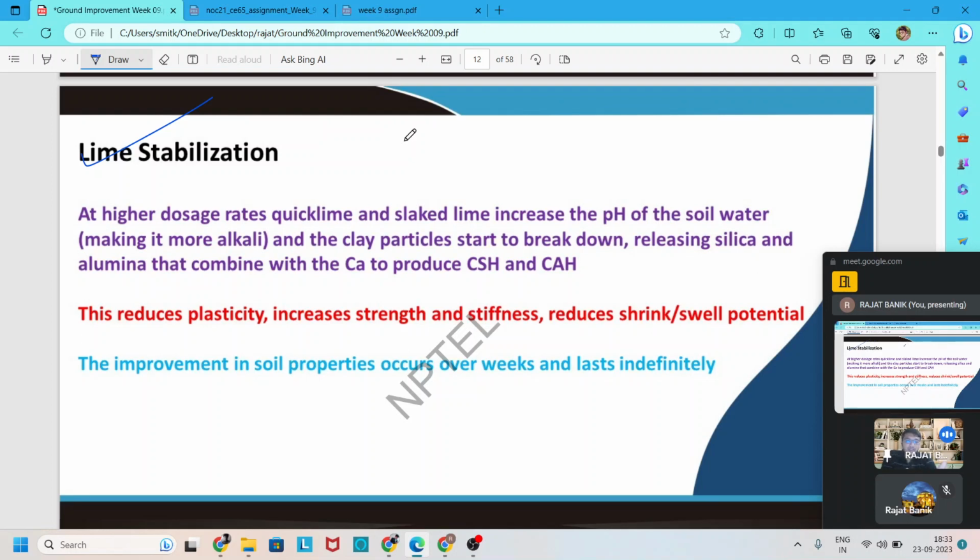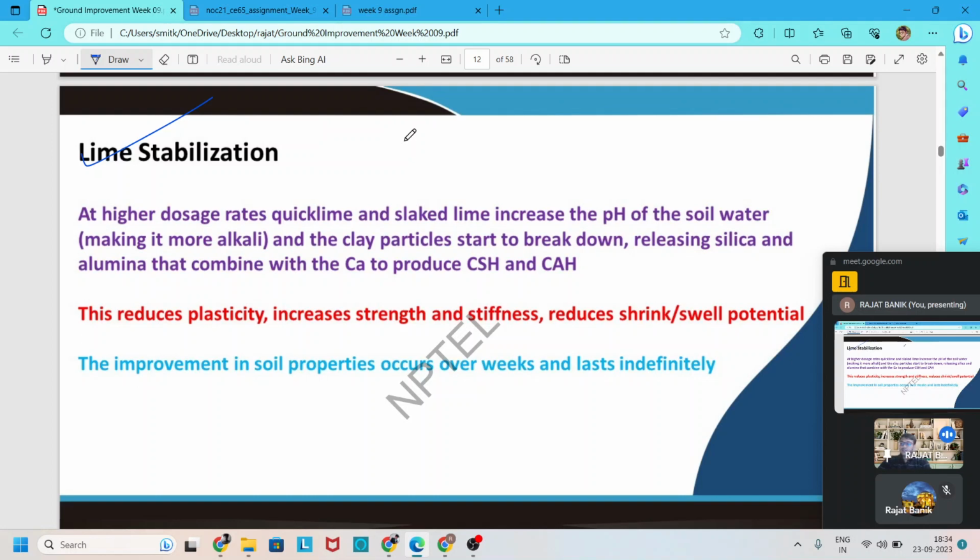Due to this high pH, the bonding between the clay particles breaks, releasing the silica and alumina that combine with the calcium to produce calcium silicate hydrate or calcium aluminate hydrate. In soil mechanics, we study soil minerals, and here we will study the clay minerals also.